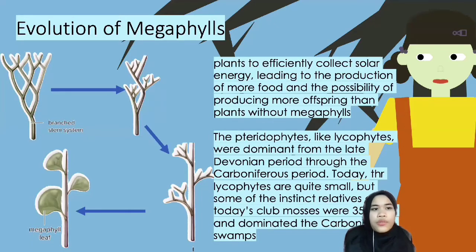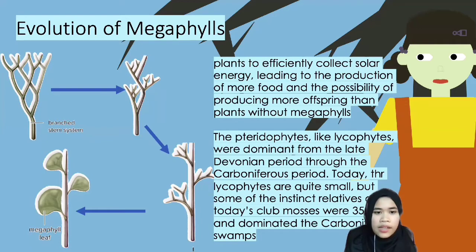Next, we are going to learn about the evolution of megaphylls. First of all, as you can see here, the evolution of megaphylls starts with a stem system, and then they evolve. One branch began to dominate the stem system. Next, the side branches flattened into a single plane. This is the single plane.